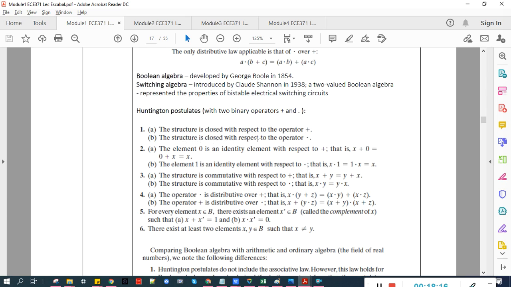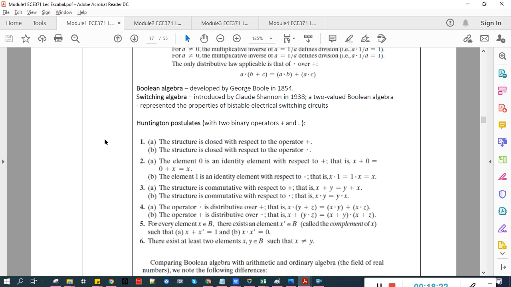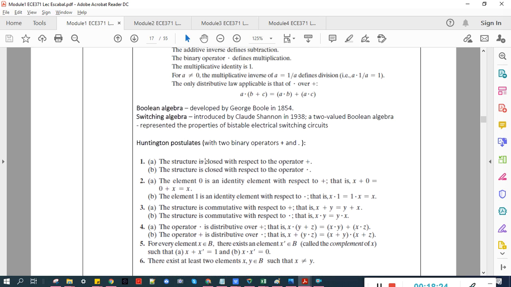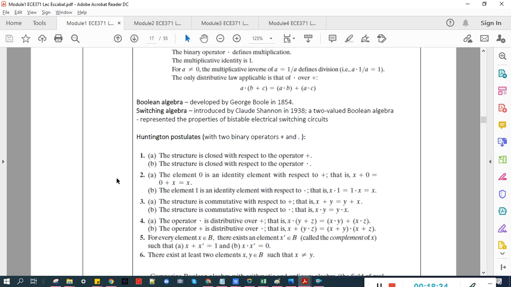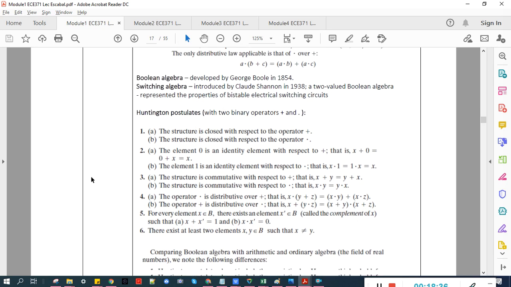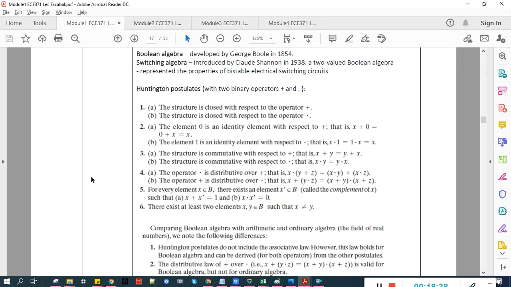The structure is closed with respect to the operator times. It's the closure. It only means that the closure property is applied to the binary operation of the Boolean algebra.